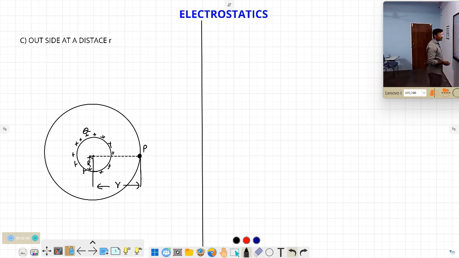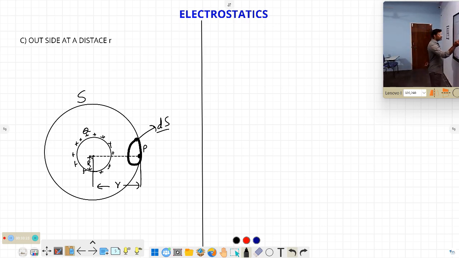At this point we are asked to calculate the field. First, I choose a small surface area on this sphere. The total surface area of this imaginary Gaussian surface is capital S, and the small surface area I chose here is called ds. Same as what we discussed in the previous football example: you take a patch of the football and calculate the electric field due to that patch.